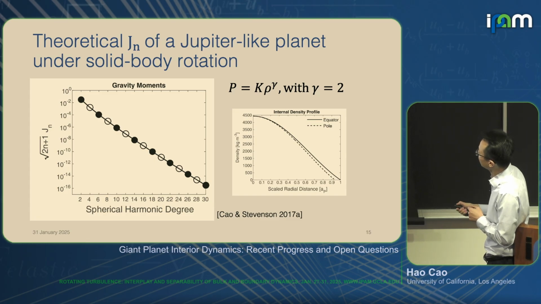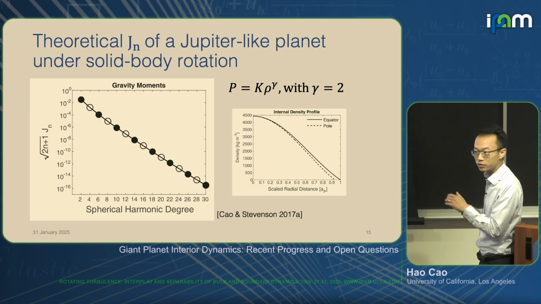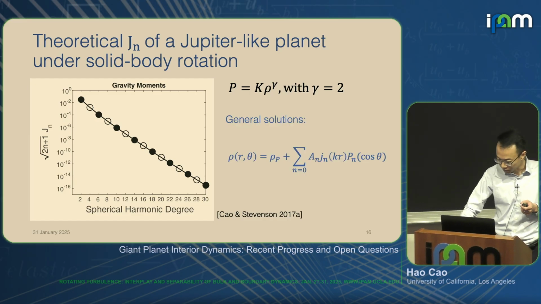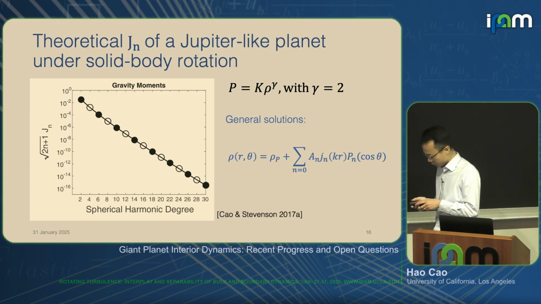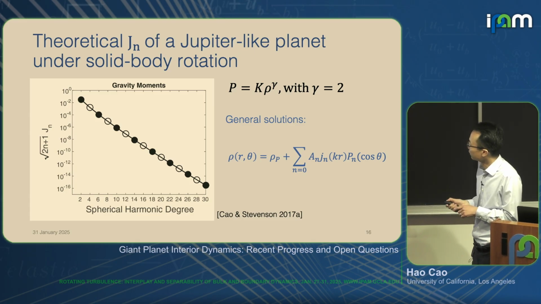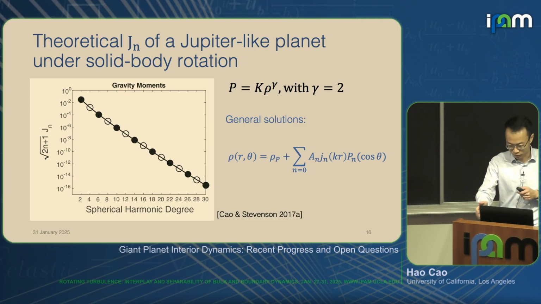So here's the internal density profile corresponding to this theoretical planet. You can see there are two different density profiles, one along the equator and one along the pole, because the planet is now non-spherical. If you have this equation of state, you can show that it admits a very simple general solution that's essentially spherical Bessel functions and Legendre polynomials.